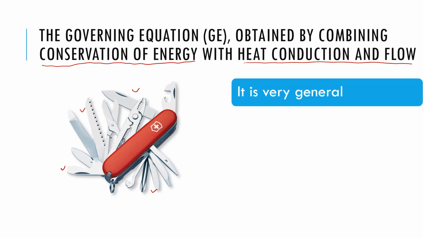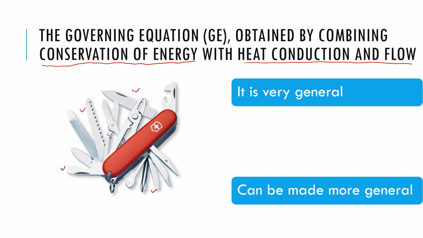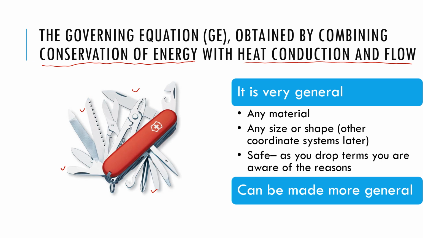flow, the equation is very general and it can be made even more general. So what do we mean by very general? We didn't choose a material. It's for any material, which means it's for any food material. Then it's for any size or shape.